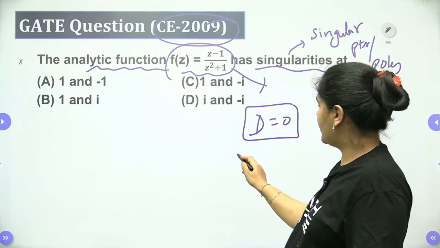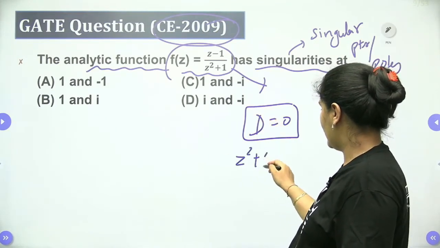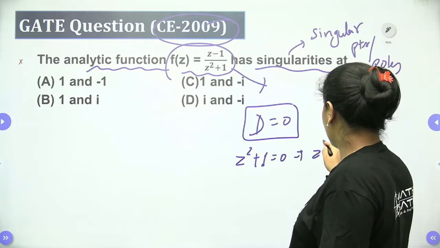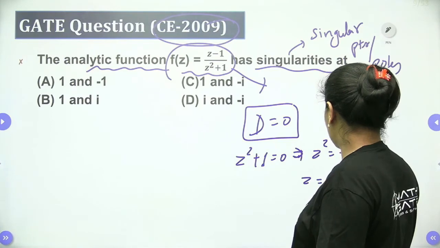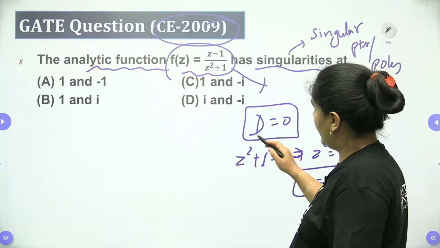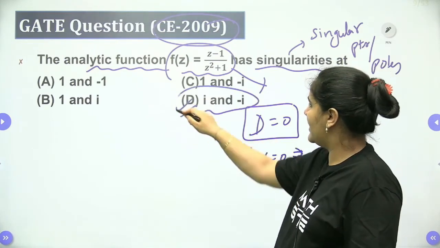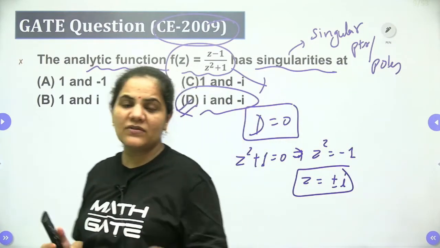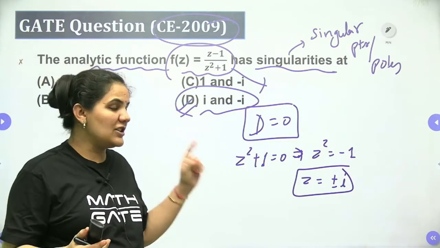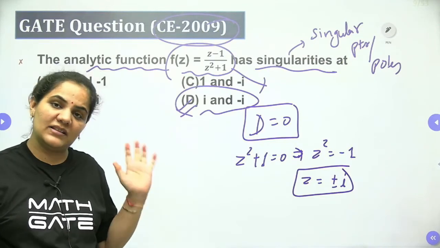So you have to put the denominator equal to 0, hence z² + 1 = 0. Hence we conclude z² = -1, so we can write z = ±i only. This is option D. So the singular points for this one will be z = i and z = -i.